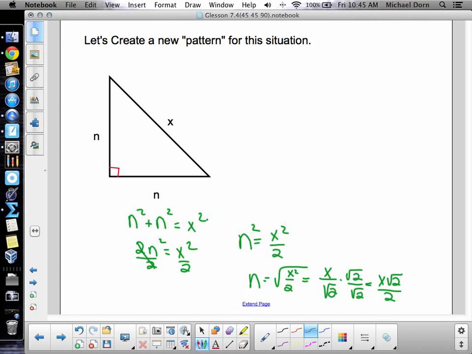So a second pattern we can have here, if the hypotenuse is a whole number, the legs are half of that times the square root of 2. Did that work?